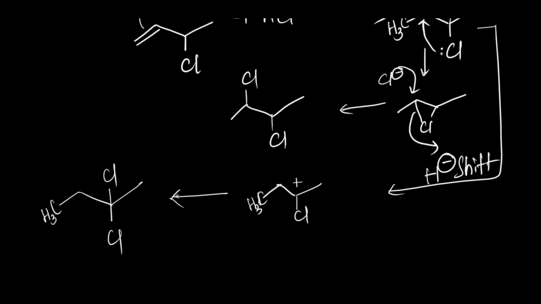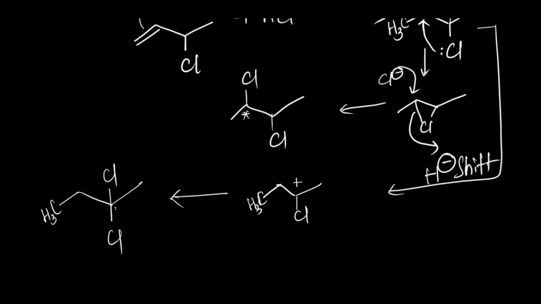In this case, I won't be having any stereogenic center because here I have CH3, here I have 2 Cls, and this part I don't have any CH2, and then here I have CH3.